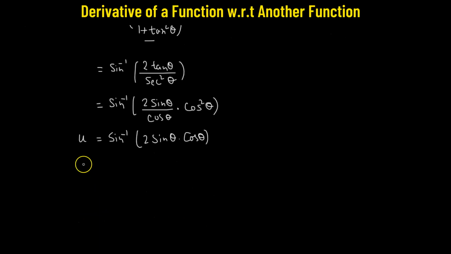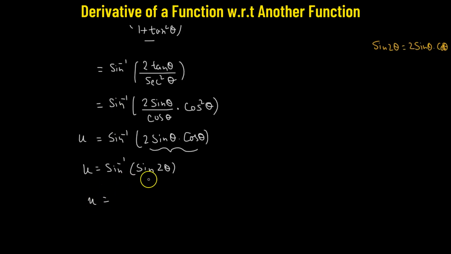So that means we have u equals sine inverse of 2 times sine theta times cosine theta, which is again an identity given by sine 2 theta. So let me mention it here, sine 2 theta equals 2 times sine theta times cosine theta. Now we have sine inverse of sine 2 theta, which is simply u equals 2 times theta.